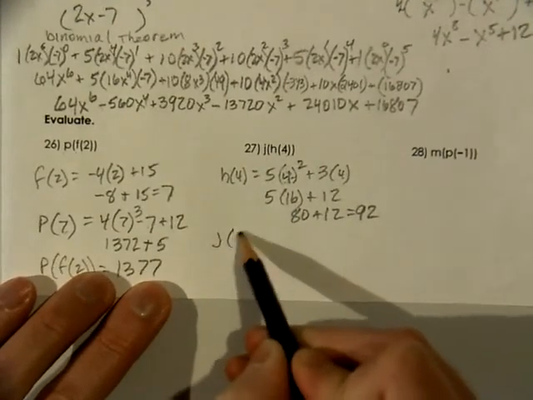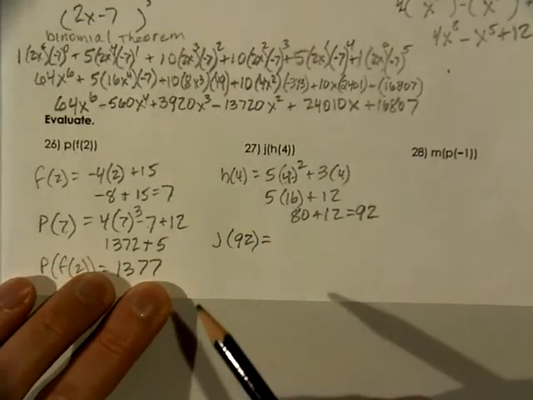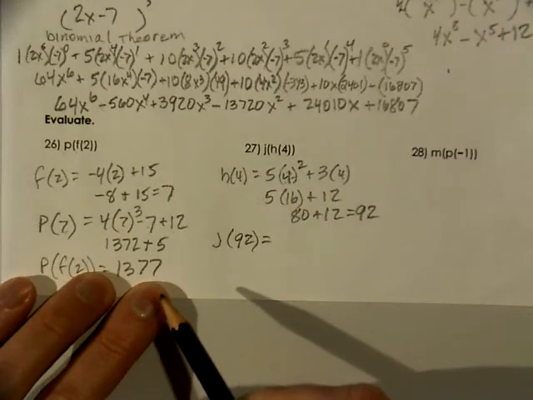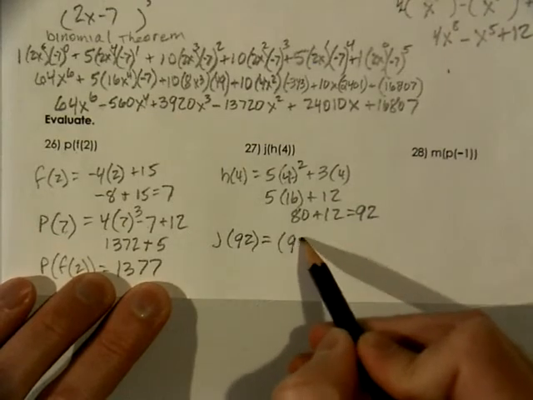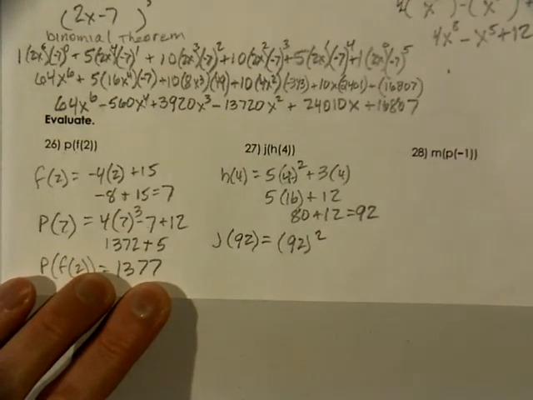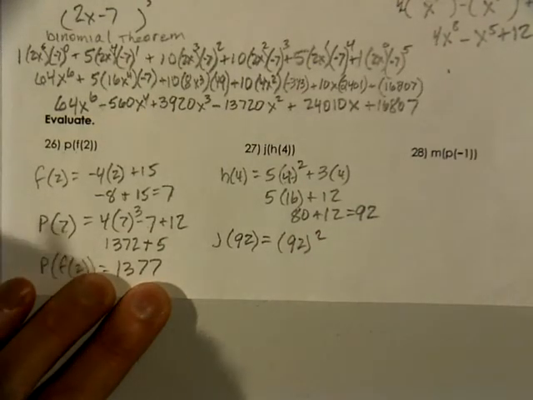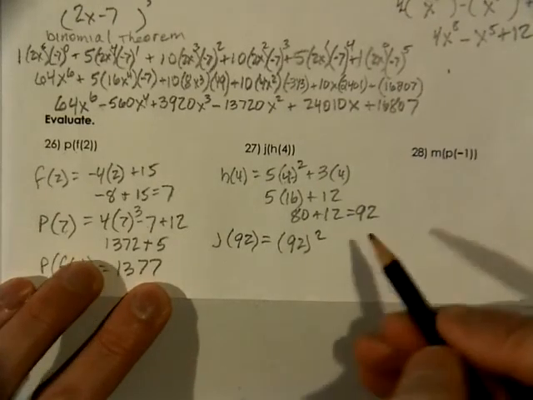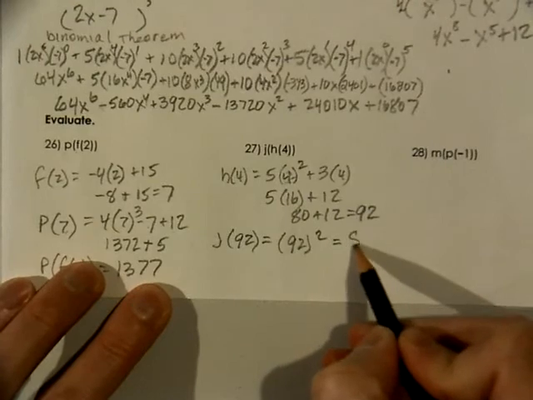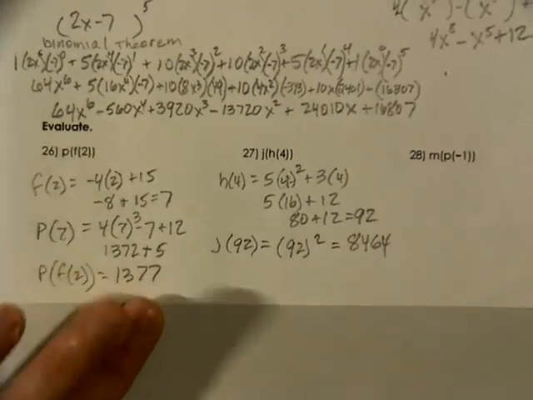Then we'll do j of 92. The j function is something squared. So the 92 squared gives us 8464.